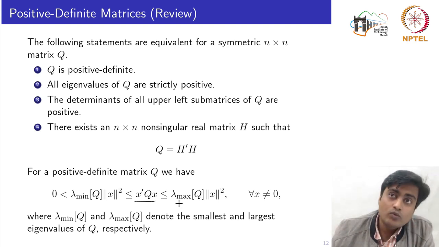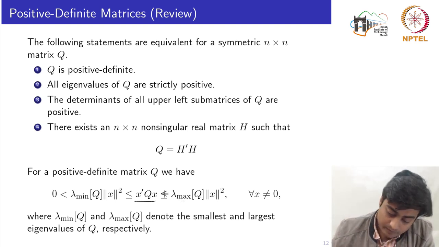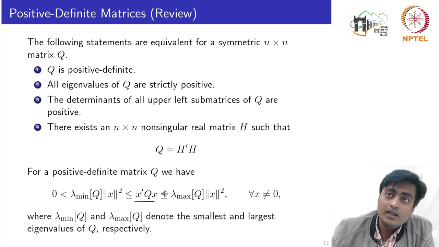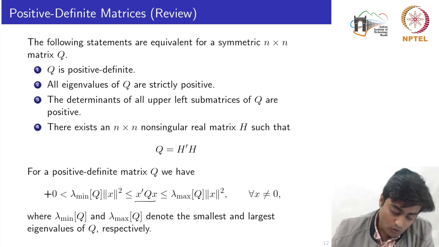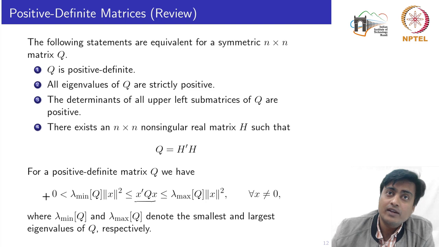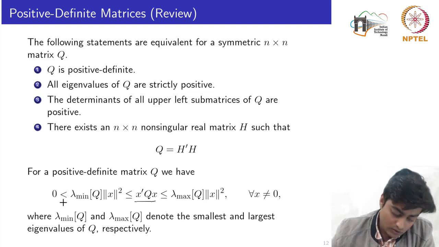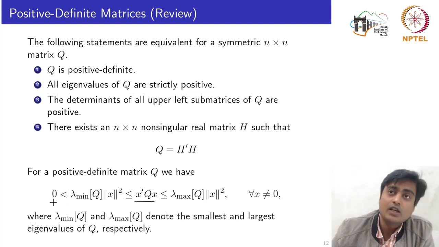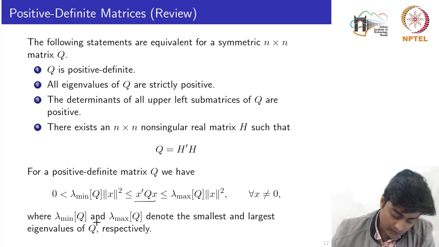The largest value would be less than or equal to the largest eigenvalue of the matrix Q multiplied by the squared norm of the vector x. And since we know that Q is a positive definite matrix, this would always be greater than 0. This is in fact the definition of positive definite. So this 0 would be the lowest value. Okay.